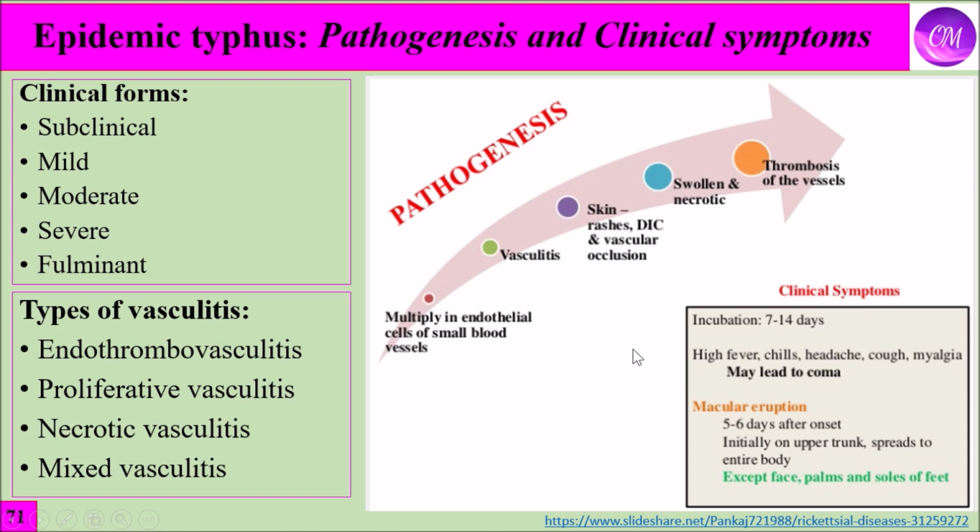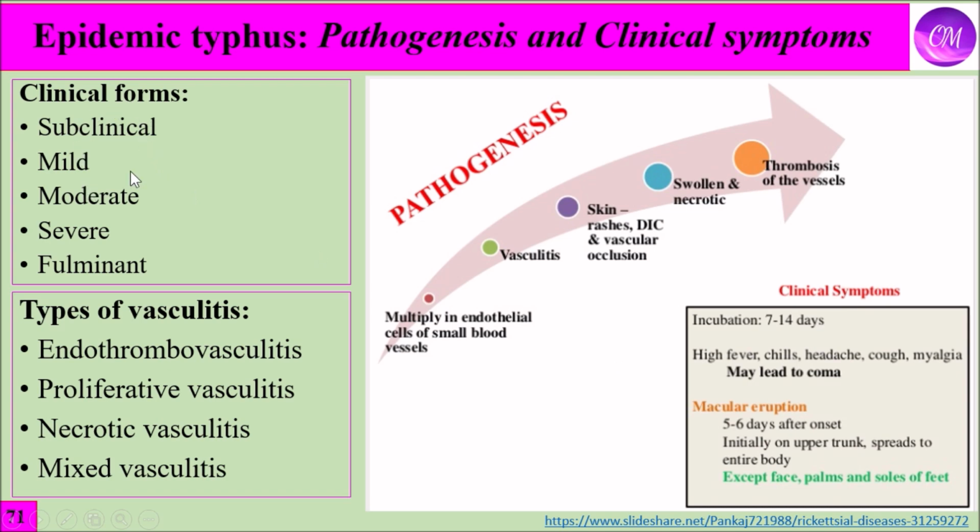And clinical symptoms. The incubation period varies between 7 to 14 days, with high fever, chills, headache, cough, and myalgia, which may lead to coma. And a macular eruption appears 5 to 6 days after onset, initially on the upper trunk, spreading to the entire body except the face, palms, and soles of the feet.